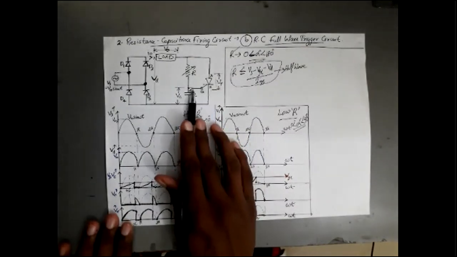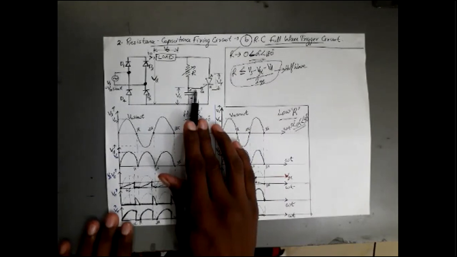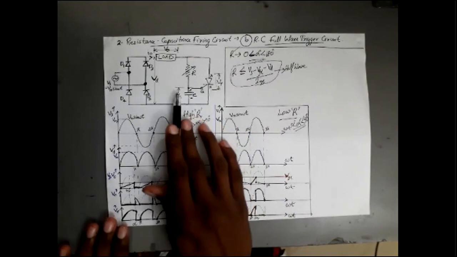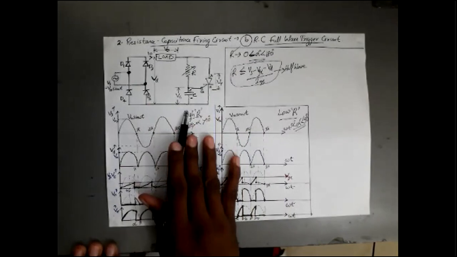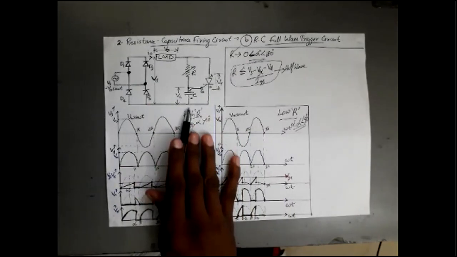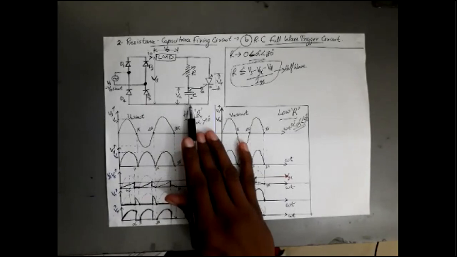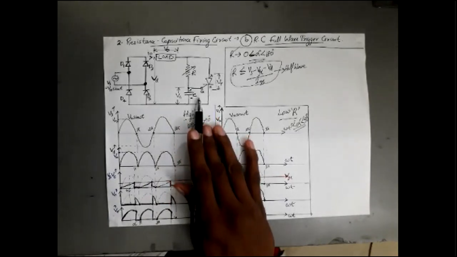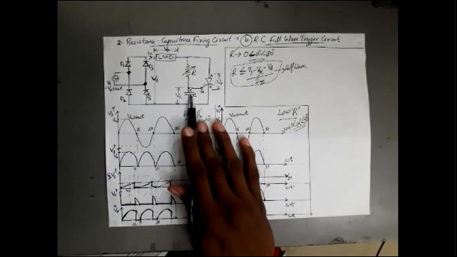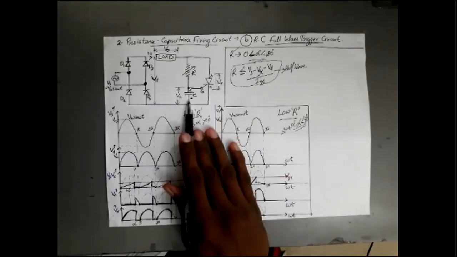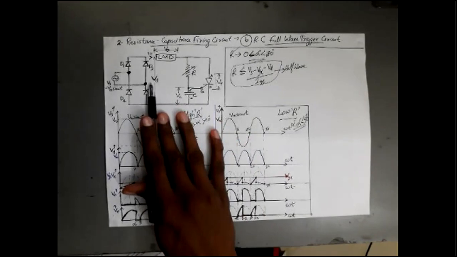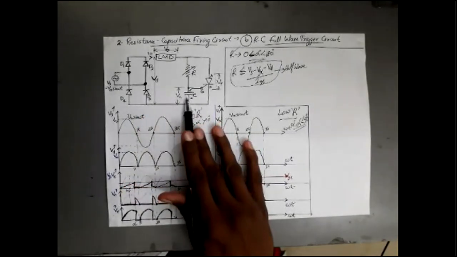Why is the diode not required in this case? Because in all the half cycles, positive voltage will be appearing across my capacitor. So there is no case where negative voltage will be appearing in the capacitor, so that my gate voltage becomes negative and it may damage my thyristor. Always positive voltage will be appearing across my capacitor, because Vd is full wave rectified output. So Vc will always be positive, so we don't require a diode here.